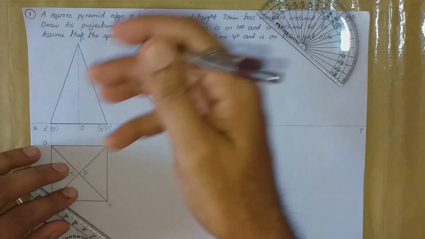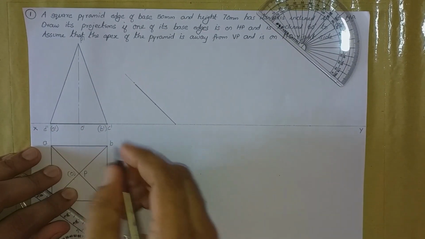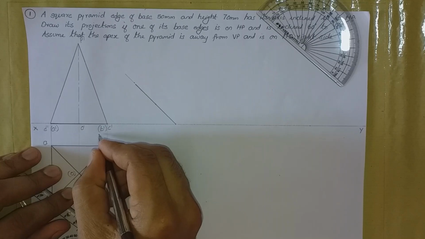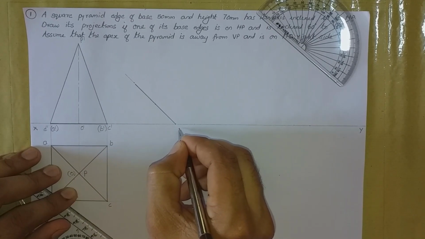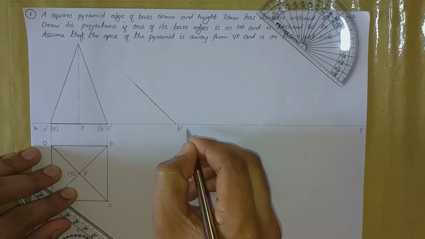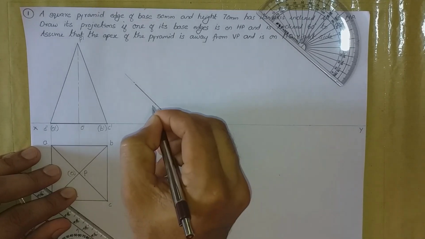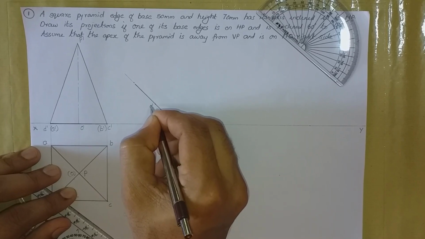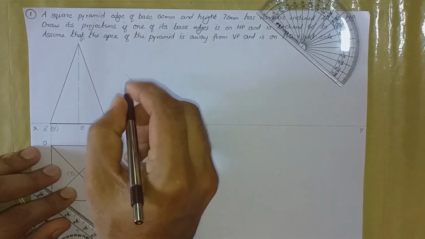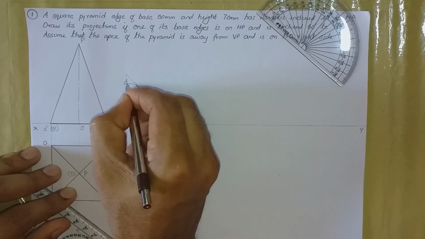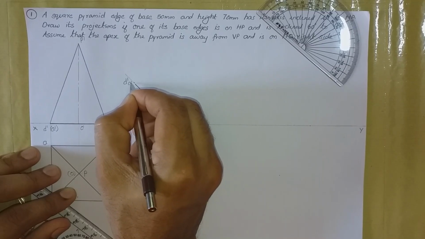Okay, and we shall transfer these names. So this is B dash, C dash, this point is O dash, this is D dash, A dash.